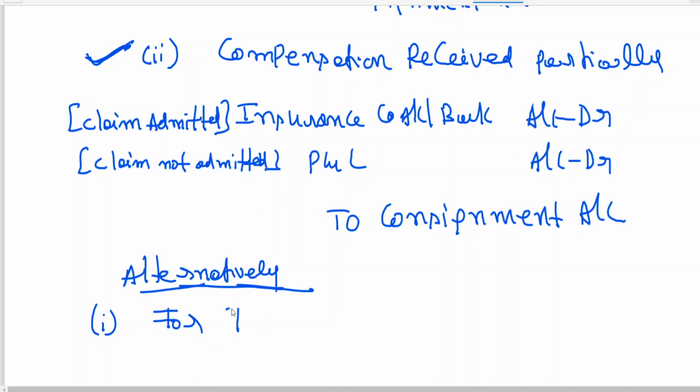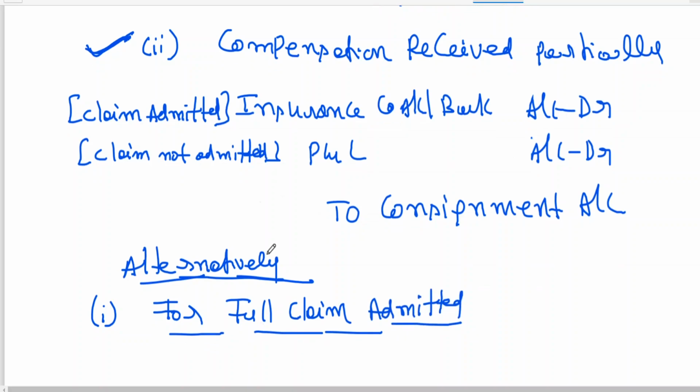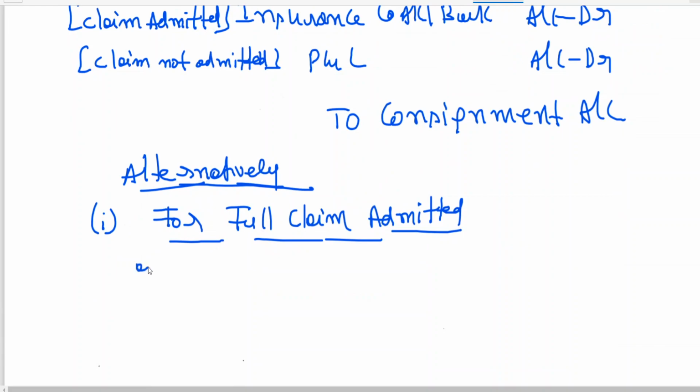Alternatively, we can write the entry for full claim received. For full claim admitted, 10,000 lost, 10,000 they have admitted. We can write the entry like this. A: we can use the term abnormal loss.